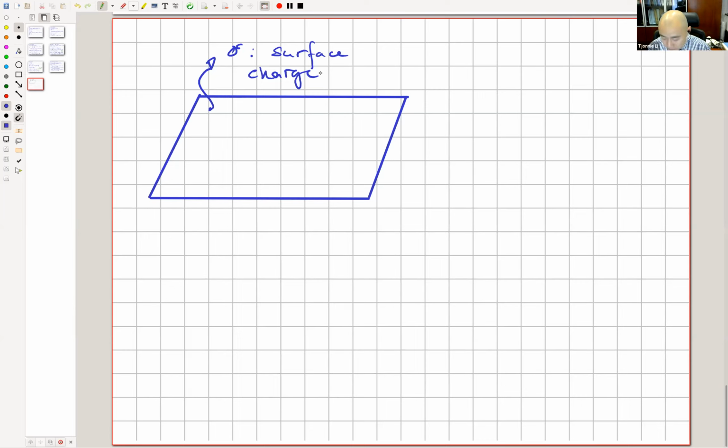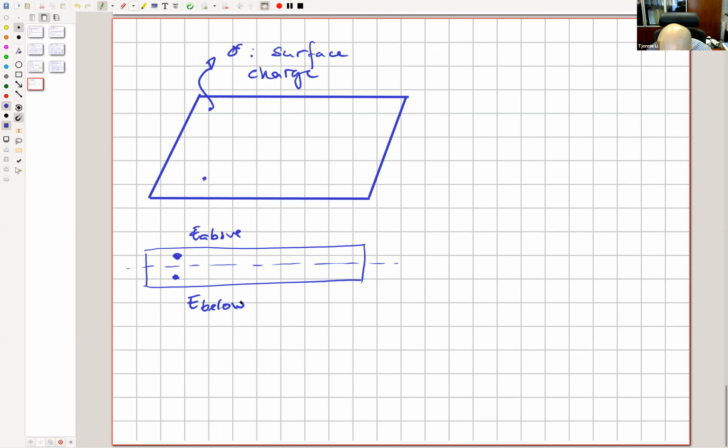And then the question is, if I take a look at the side view, which is this slab here, what are the values for, let's say, the electric field above and the electric field below, E above and E below, if this is some sigma here? So that's what I'll leave you with.